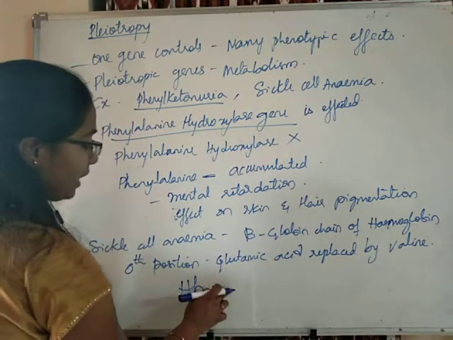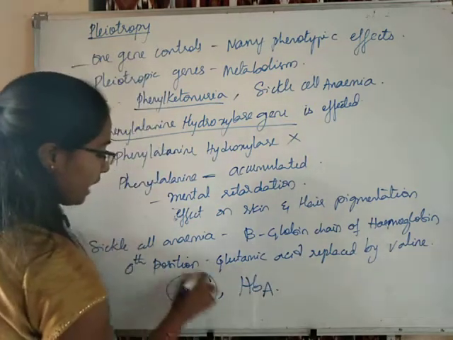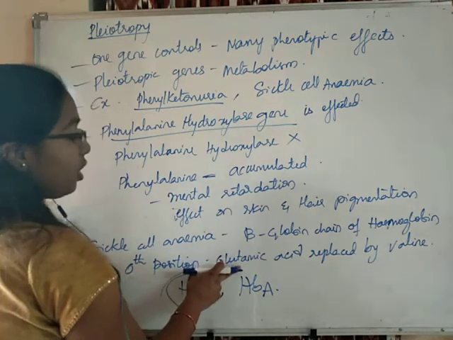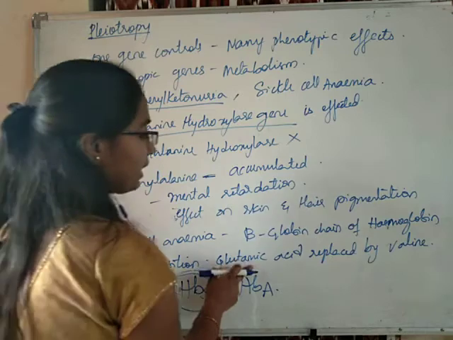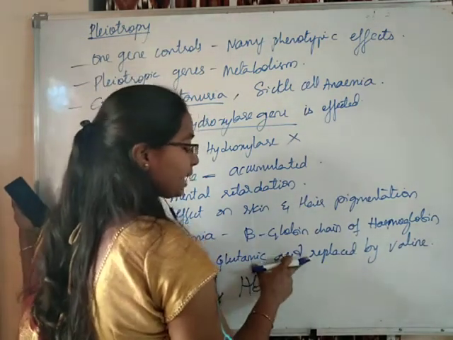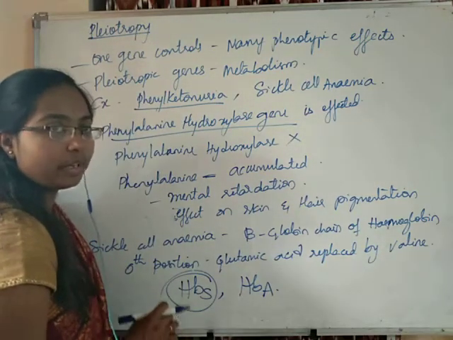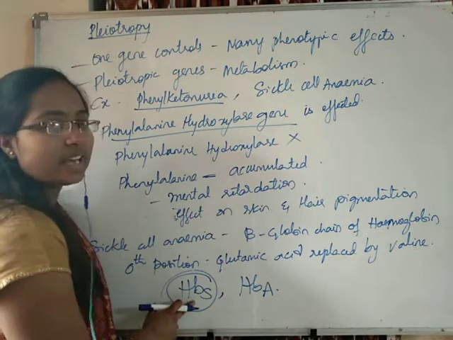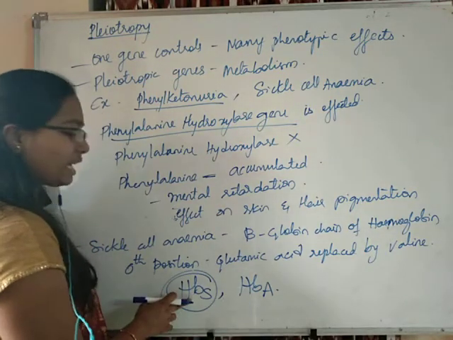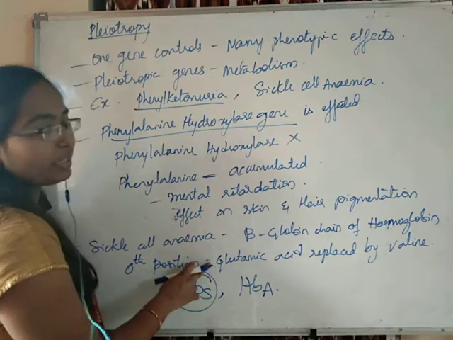The normal allele for hemoglobin is HbA, but this HbS allele is causing the replacement of glutamic acid by valine at the 6th position of the beta globin chain. So, HbS is the allele which is responsible for it.